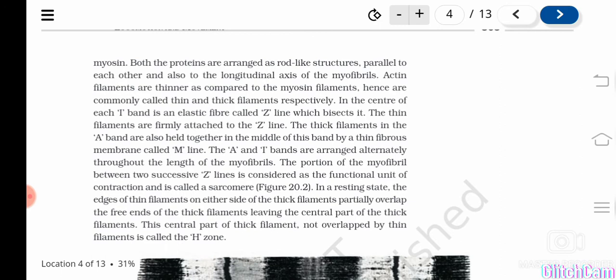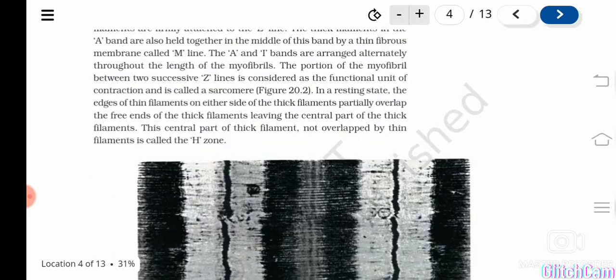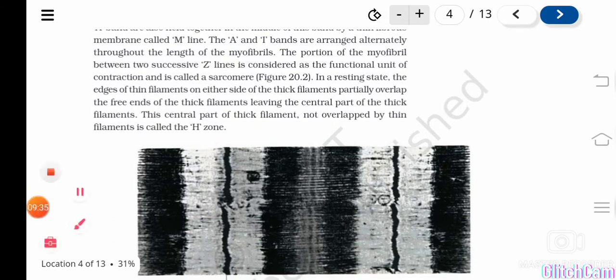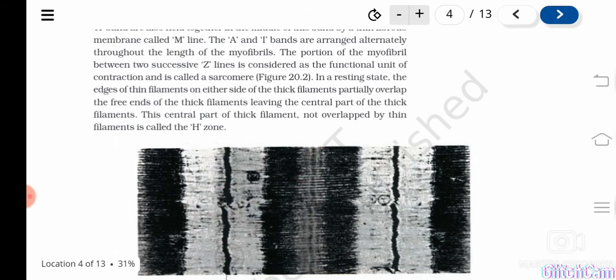And the thin filaments are firmly attached to the Z line, and the thick band is known as what? A band. So this is the I band, this is the I band, and this is the A band. And in the center of the I band, what you can see? Z line. And in the center of the A band, what you can see? M line. Understood? So the A band is there, M line is there, Z line is there. Is it clear?